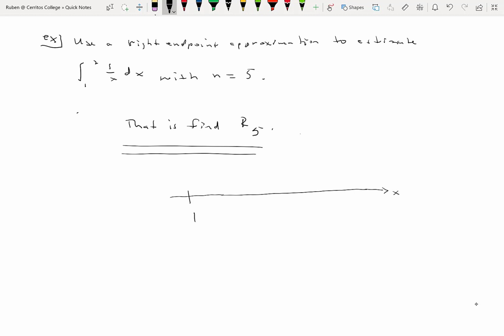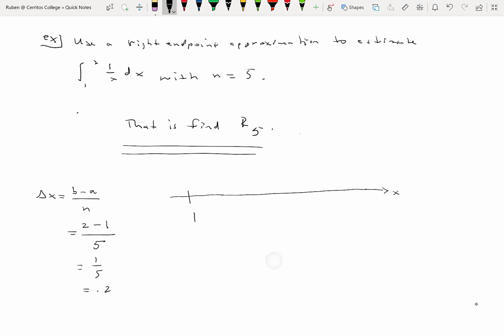Our integral approximation is going to involve the width of the subintervals. The width of the subintervals is, remember, b minus a over the number of subintervals, or 2, that's the number on the right, minus 1, the number on the left of the big interval, over the number of subintervals, 5. That's 1 over 5, and that's 0.2.